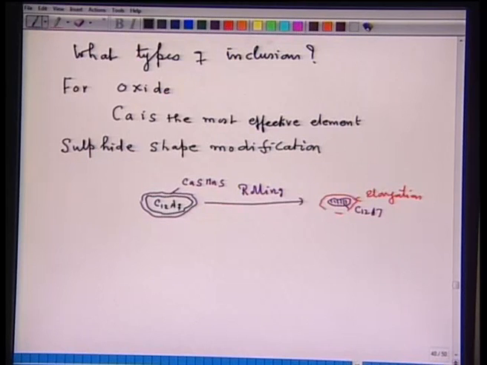When misch metal is added, the core can be Ce2O3 or Al2O3 based upon the oxide, while the surface can be lanthanum sulfide and cerium sulfide.